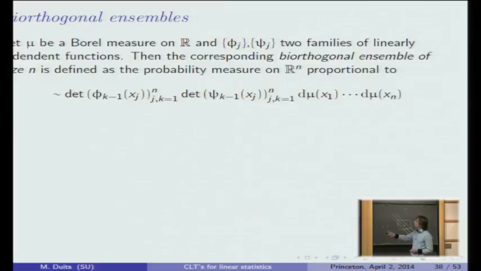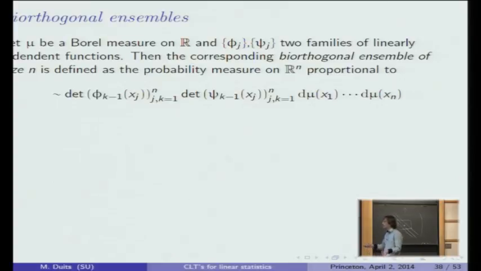So suppose we have two families of linearly independent functions, phi_j and psi_j. Then you can construct the probability measure on R^n proportional to this, right? And of course, I need positivity here, but I'll also assume this, so that this is a probability measure. Okay, so we have the product of two determinants.